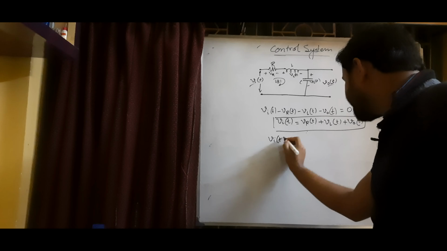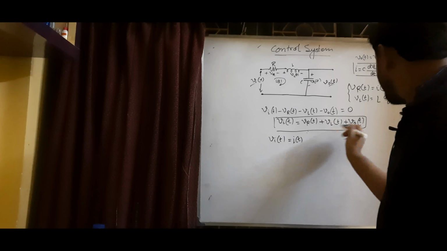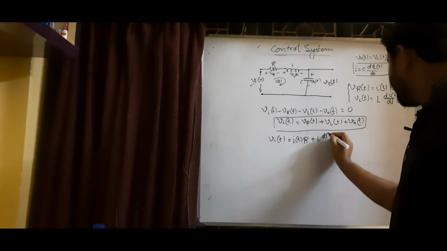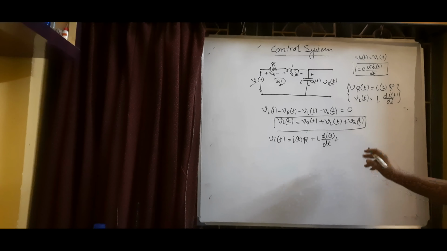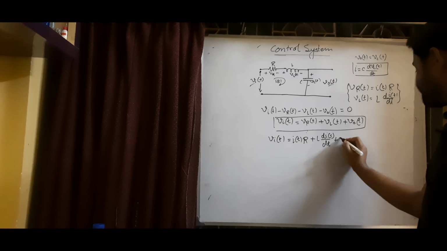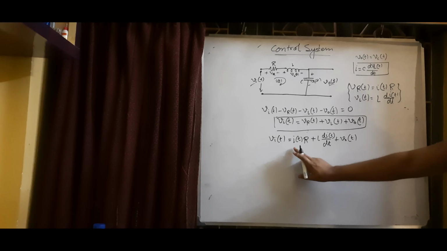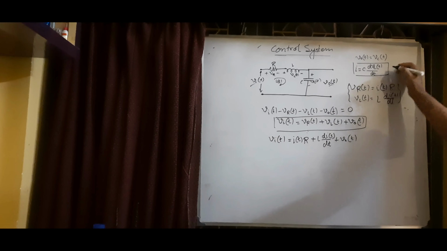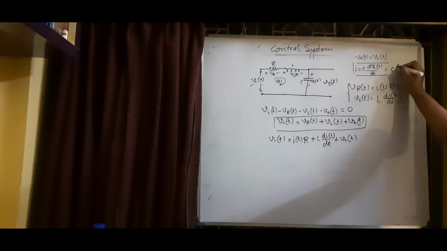It will look like v_i(t) equals i(t) times R, that is v_R(t), plus L di(t)/dt, that is v_L(t), plus v_0(t). Now what is the value of i(t)? The value of i(t) is C dv_C(t)/dt. Now again v_C(t) equals v_0(t), so C dv_0(t)/dt.